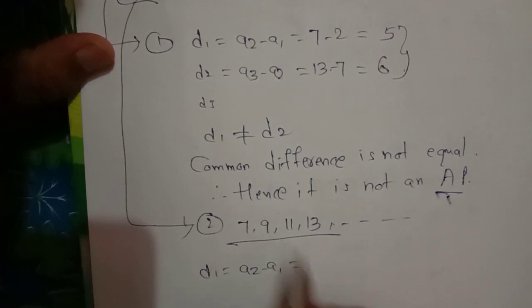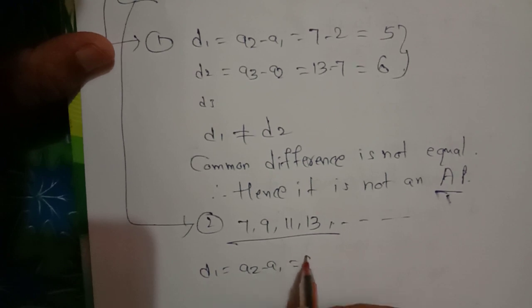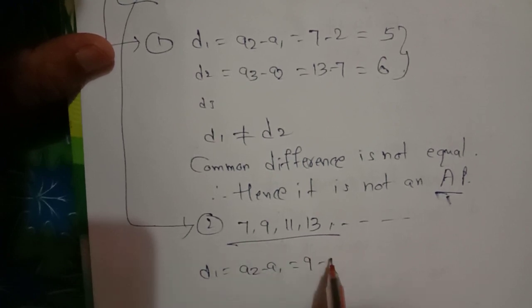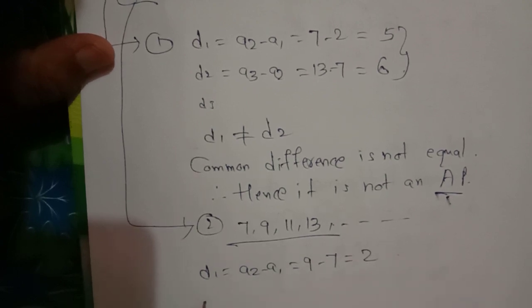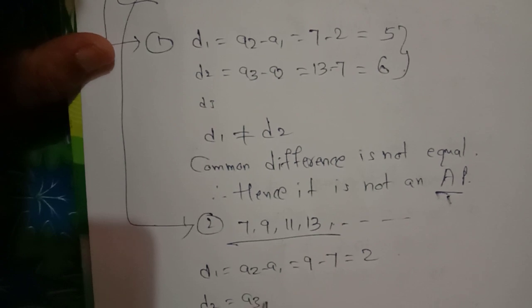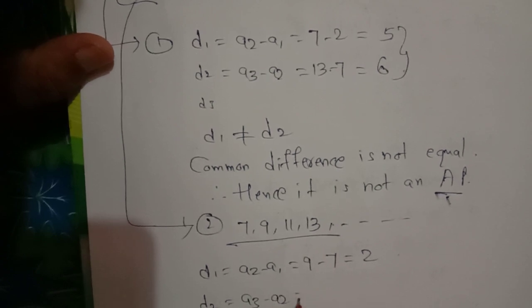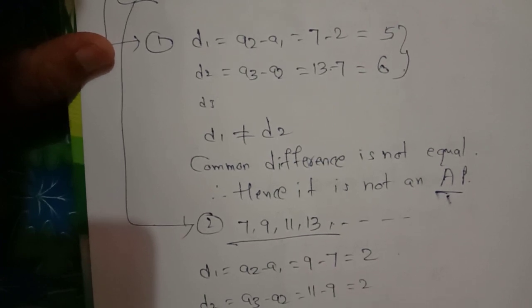So a2 means here second term means 9, a1 means 7, 9 minus 7 we got 2. To find d2, a3 minus a2, a3 means 11 and minus 9 is equal to 2.